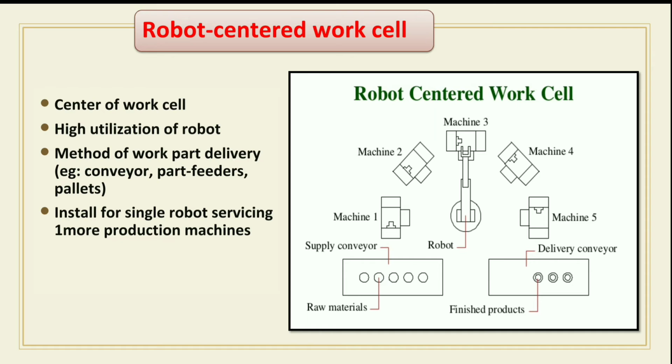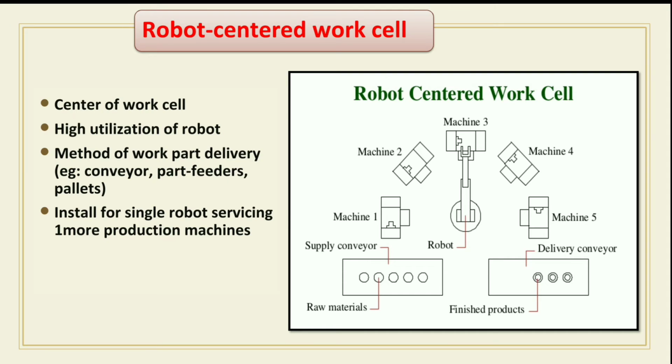In arc welding, human operators are often used to accomplish the part load and unload functions for the robot. This type of cell layout, or centered cell layout, is generally used for arc welding.